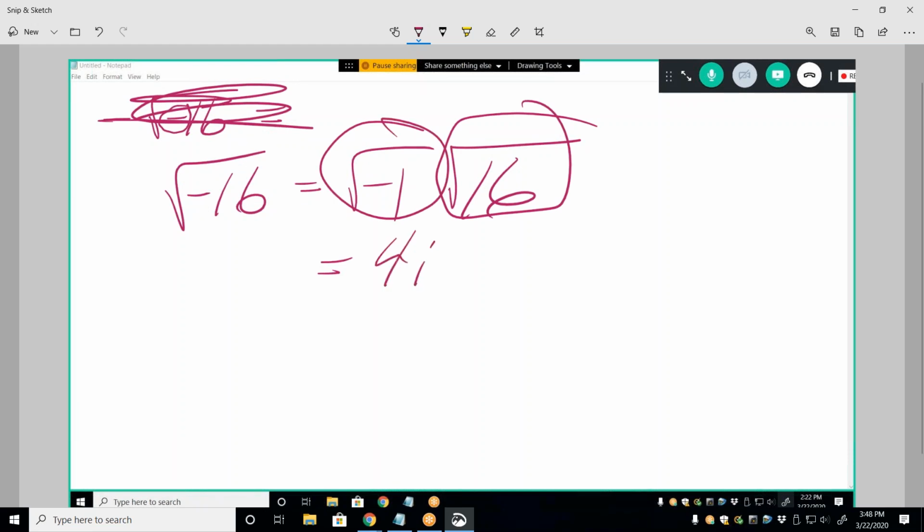Now, if we go back and pick up the negative sign, that just goes right there. So it's equal to minus 4i. In other words, this negative sign isn't important. It just carries through all the other process. The process that's important is breaking that up into a square root of a positive number and the square root of negative 1.